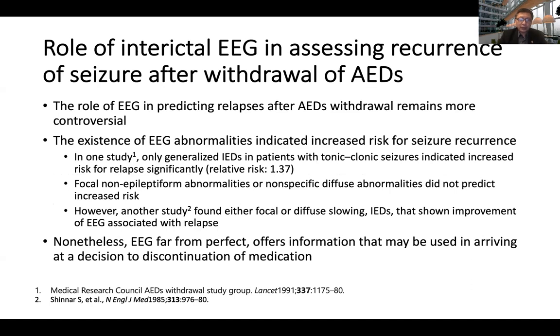In one study, only generalized IED in patients with tonic-clonic seizures indicated a significantly increased risk of relapse. In another study, focal non-specific abnormality or non-specific diffuse abnormality did not predict an increased risk. However, one study found that either focal or diffuse slowing showed that EEG abnormality was associated with relapse.